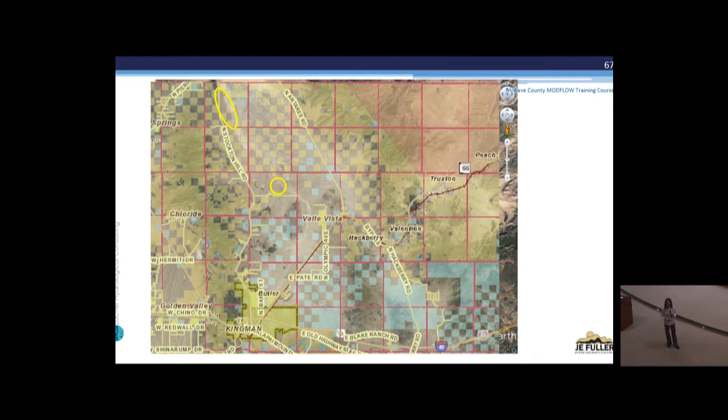And also, in thinking about placement of new recharge projects, think about the fact that your groundwater flow lines are in this direction toward Kingman here, and in that direction farther north. It's just important to understand the system and how you want to change it in order to design any kind of project.